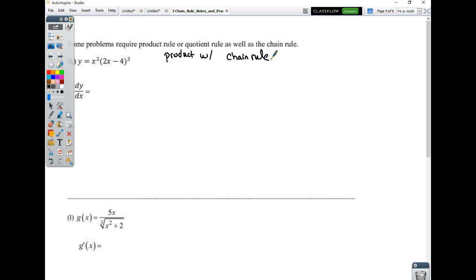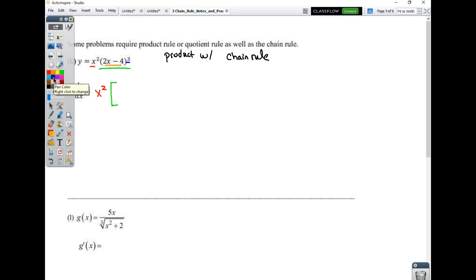Oh boy. So how does the product rule work? It's the first times the derivative of the second. All right, so let's start that. First, x squared times the derivative of 2x minus 4 to the third. That's 3 and 2x minus 4. So how do we do that?